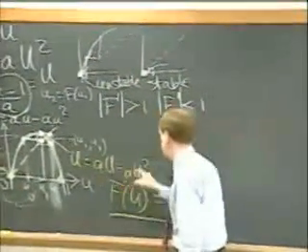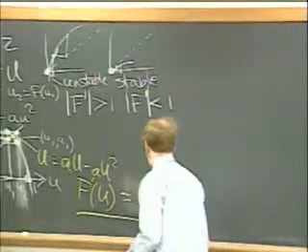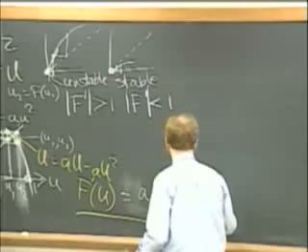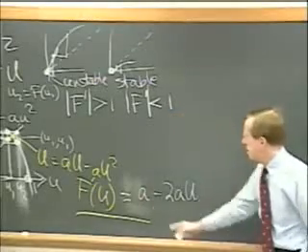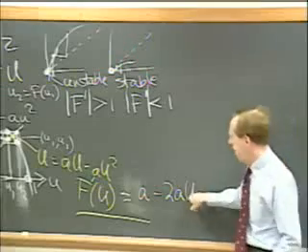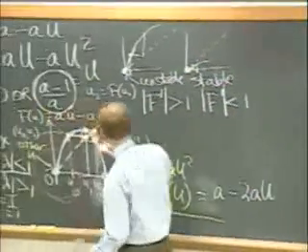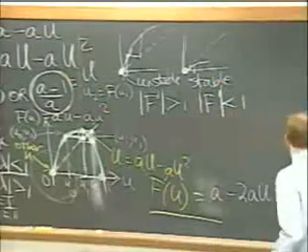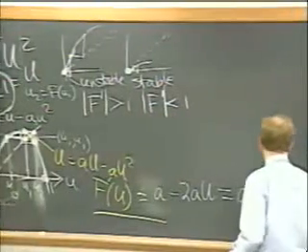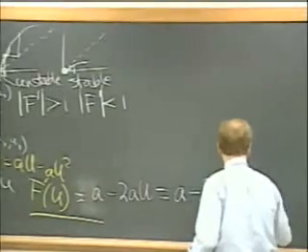So here's my function au minus au squared. So the derivative of that is a minus 2au, right? That's the derivative. And now I'm plugging in, I want to know at this particular u. So this is a minus 2a times (a minus 1) over a.